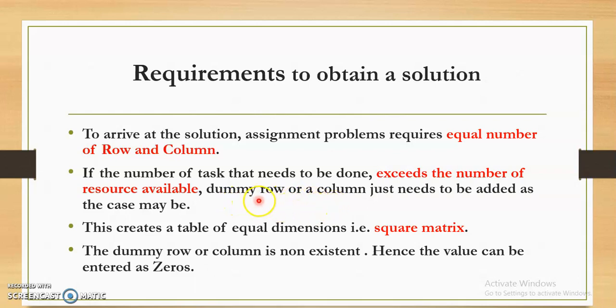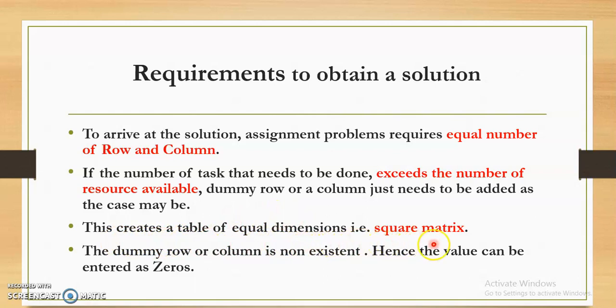If the number of rows is less, we have to add dummy rows with zero cost values. Or if the number of columns is less than the number of rows, then we have to add dummy columns with zero cost elements.